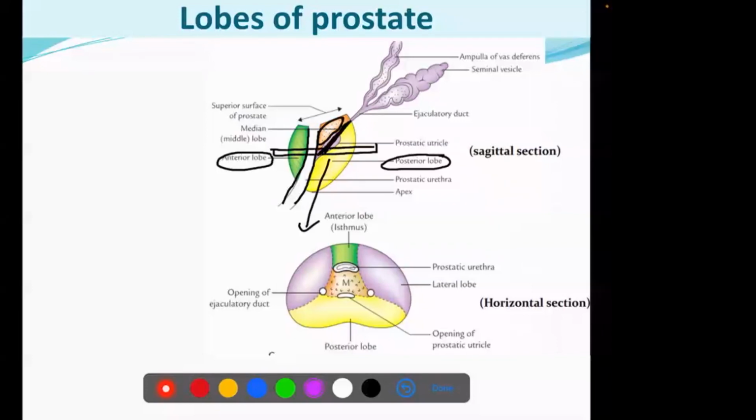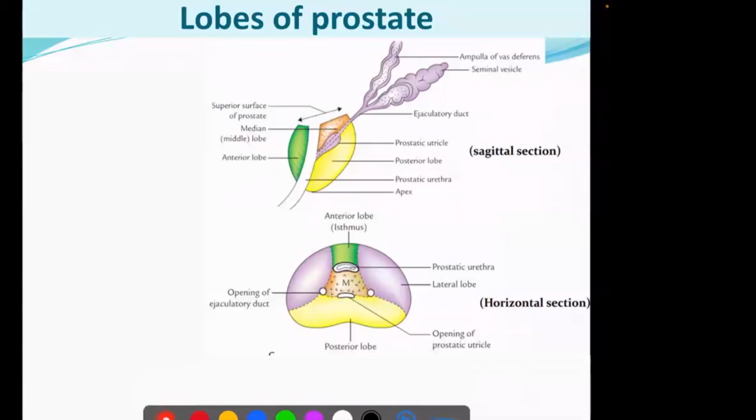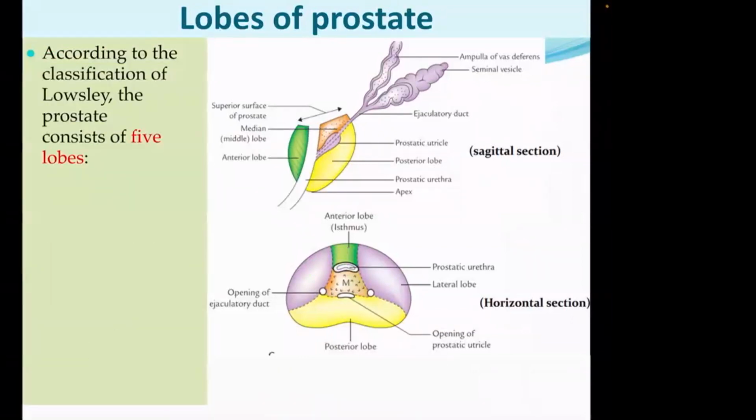This is the prostatic urethra. That which lies anterior is the anterior lobe, lateral are the lateral lobes, and posterior is the posterior lobe. The part of the prostate that lies between the two ejaculatory ducts is the median lobe. So the prostate is divided anatomically into 5 lobes: 2 laterals, anterior, posterior, and median.